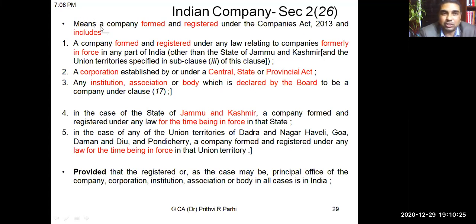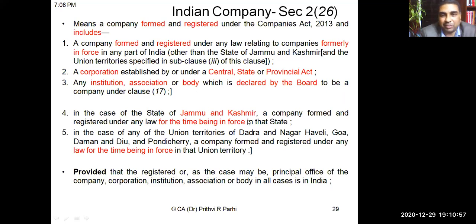It includes one, a company formed and registered under any law relating to companies formerly in force in any part of India; a corporation which is established under central, state or provincial law; and an institution, association or body which is declared by the Board to be a company.